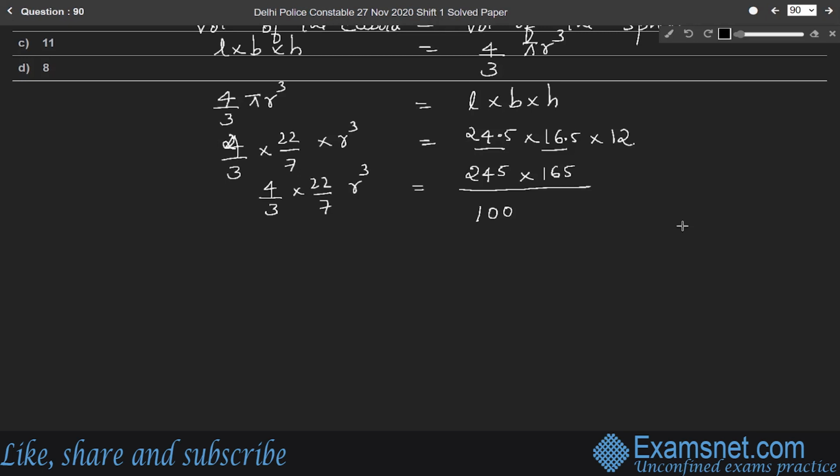Multiplying both numerator and denominator by 100, we get 245 into 165 into 12 by 100.